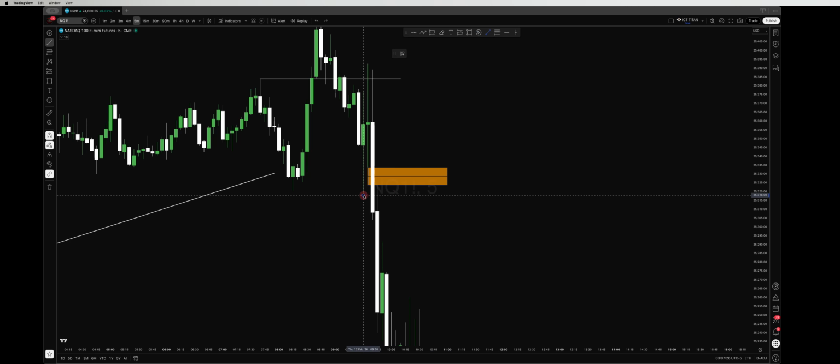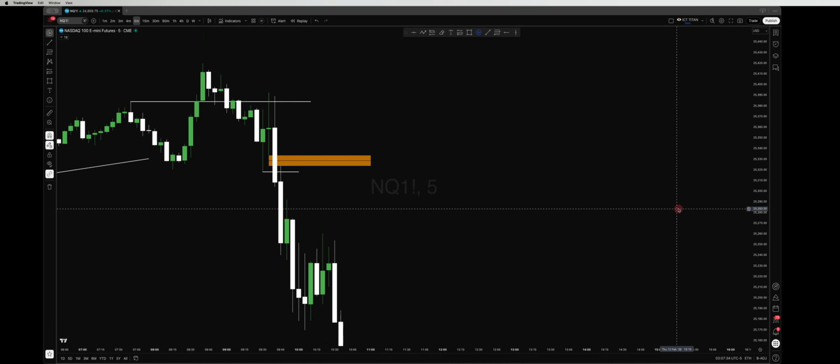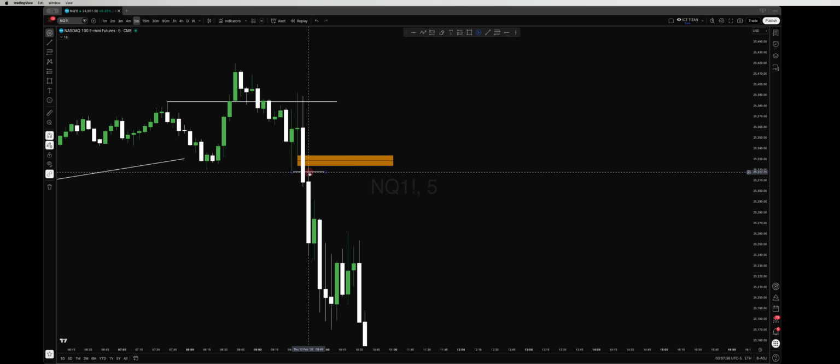Because you have this immediate rebalance. When you see immediate rebalance, that means with this wick, yes, perfect. But what happened? This wick came more below than this imbalance.